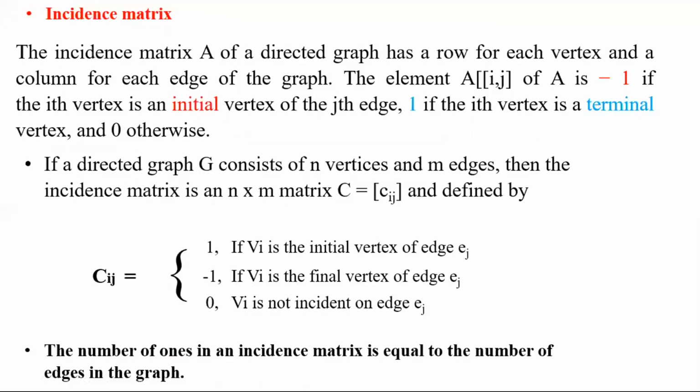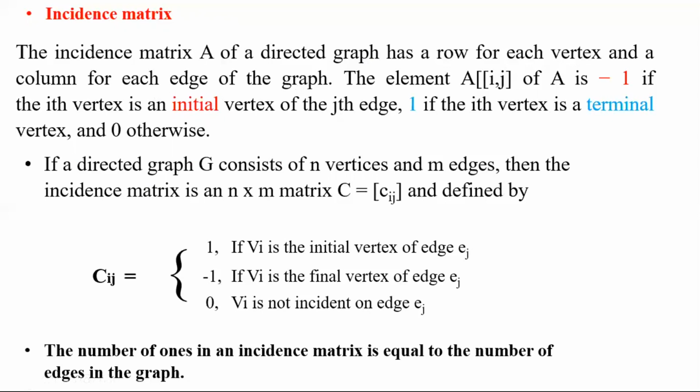Next, incidence matrix, which is usually used for a directed graph, has V rows and E columns. So the rows represent the vertices and the columns represent the edges.